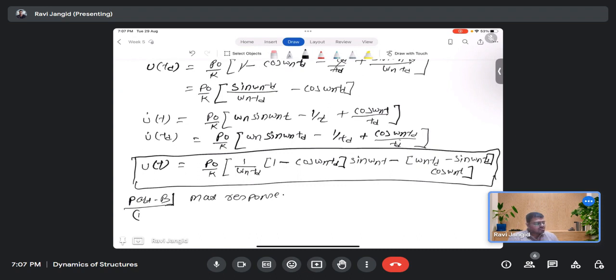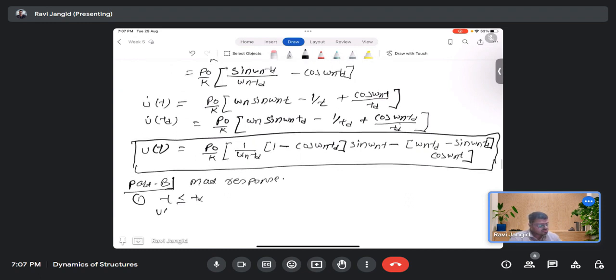For the first part, t less than td, my u(t) was P naught by k into 1 minus cos omega n t minus t over td plus sine omega n t by omega n td.